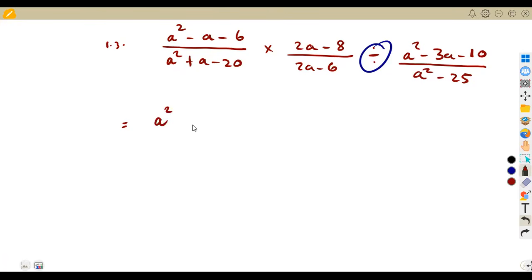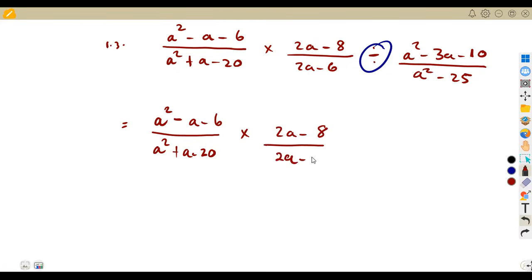So this will be a squared minus a minus 6 over, so this whole part is over a squared plus a minus 20, multiplied to 2a minus 8 over 2a minus 6. So if we are to introduce a multiplication here where there's a division, what is going to happen?